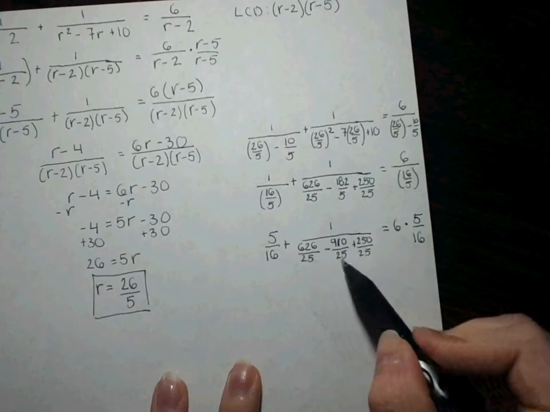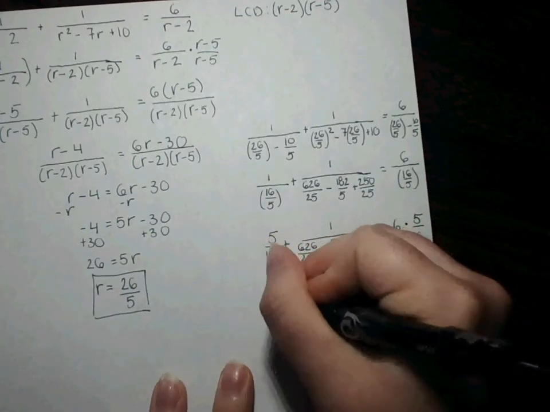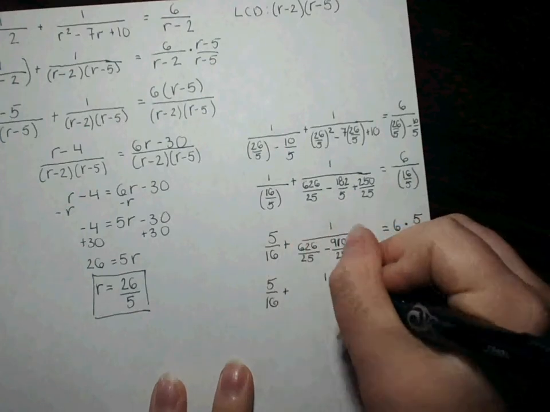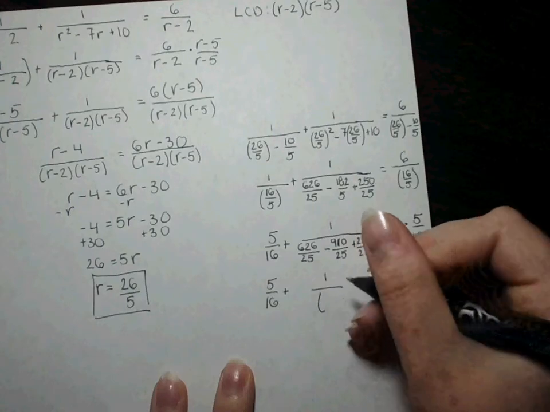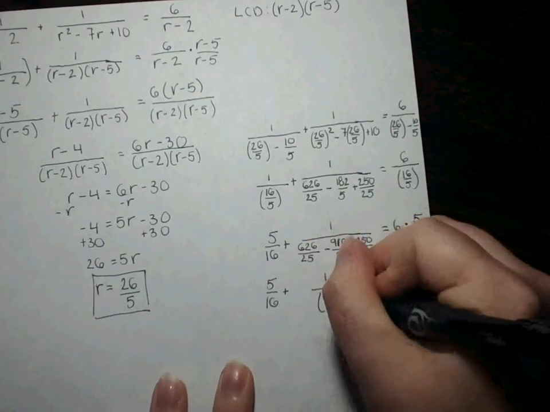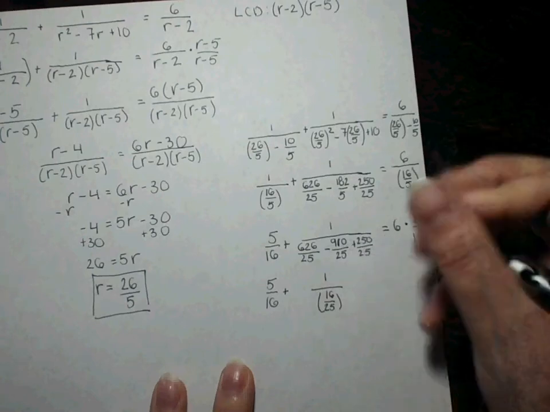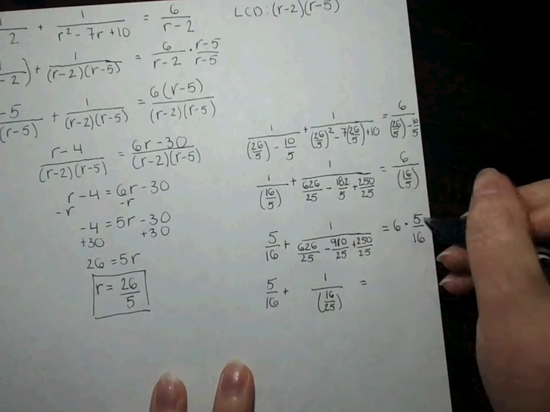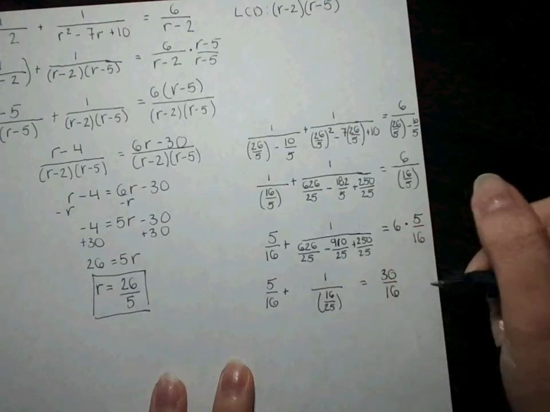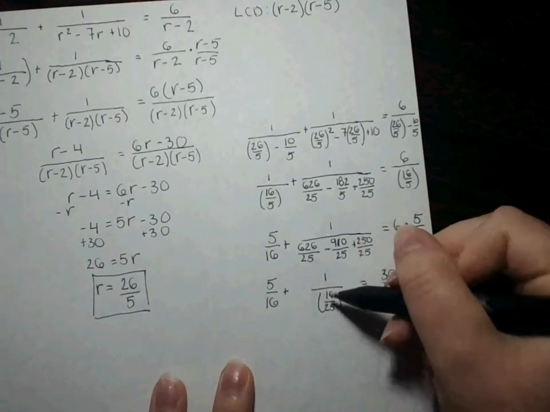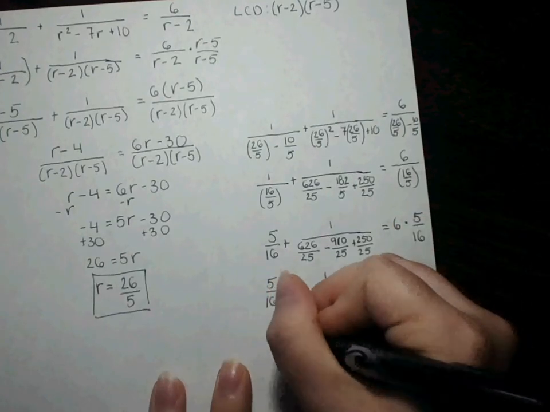So what we get down here when we put all this together is 16 over 25. 676 minus 910 plus 250. And then this gets us 6 times 5 is 30 over 16. So again, here, instead of dividing by 16 over 25, we'll multiply by the reciprocal.